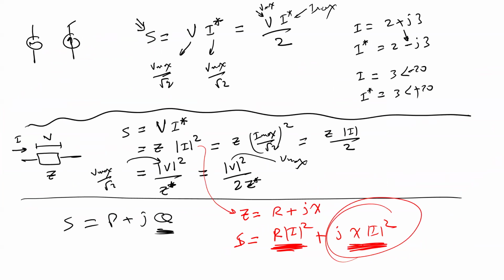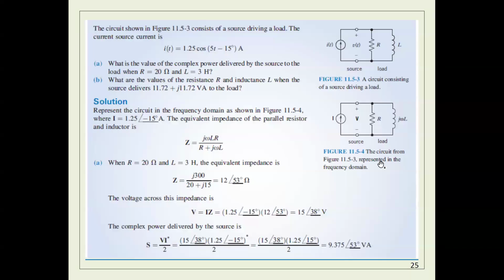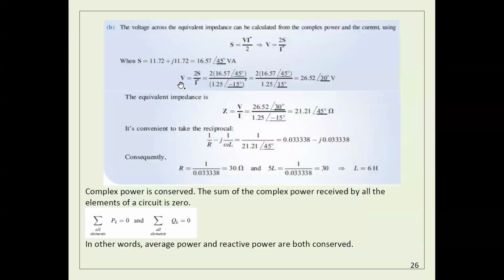I can just use it. I don't need to calculate V and then multiply. This one is easy, and you get the same result. So this is the complex power I have, and the unit of complex power is VA, volt-ampere.